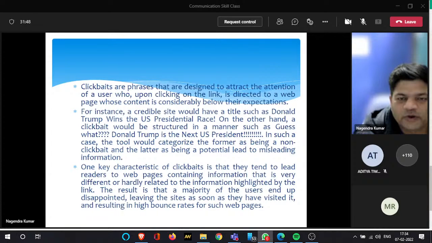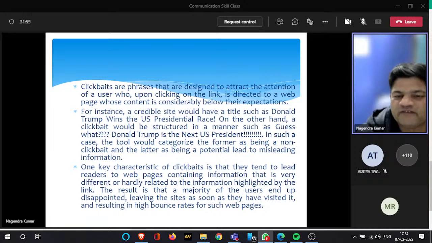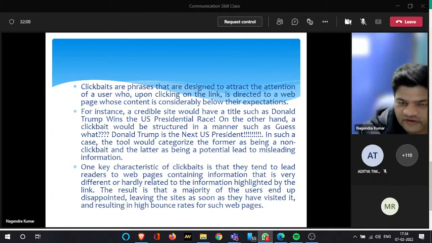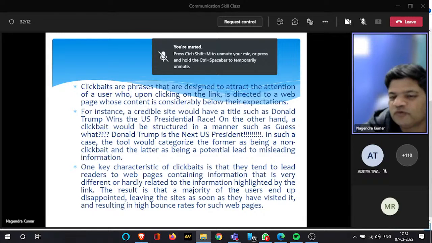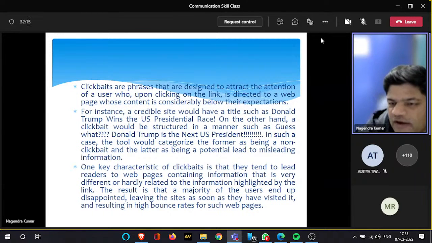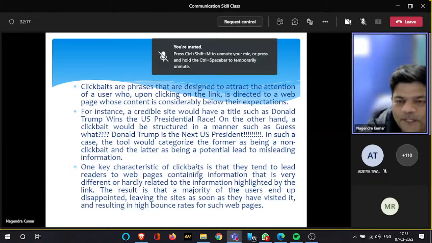Okay. And for instance, you can look at this. A credible site would have a title such as Donald Trump wins the US presidential race with one single exclamation mark. But the same item would be presented by a fake news site with the help of a clickbait, such as guess what?